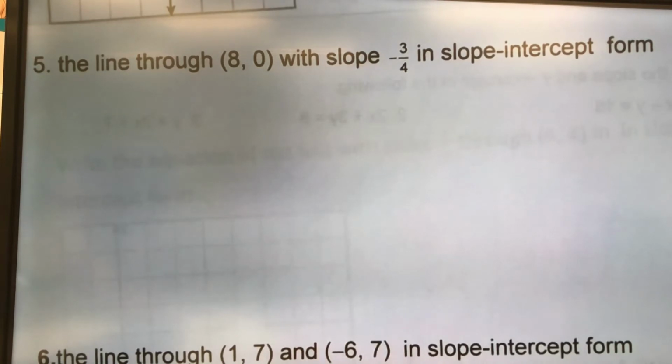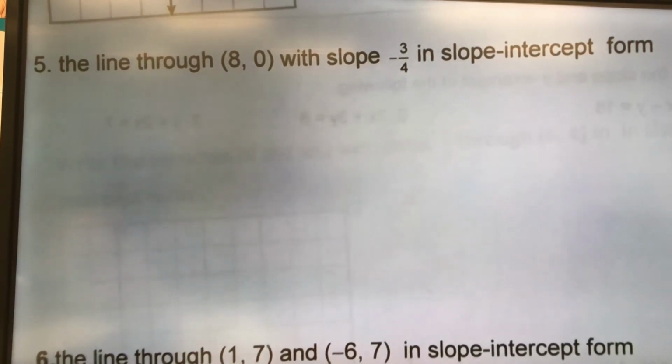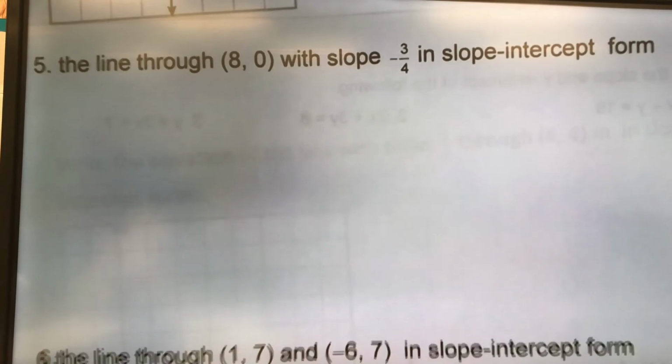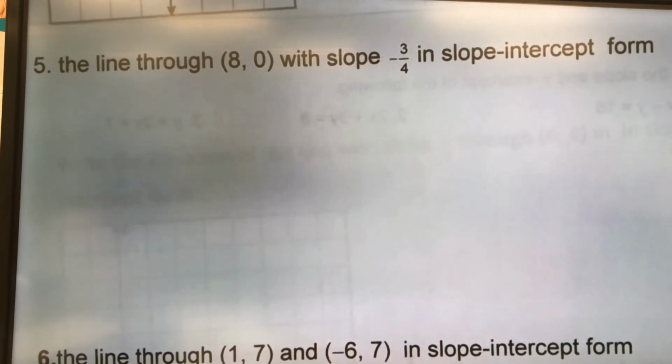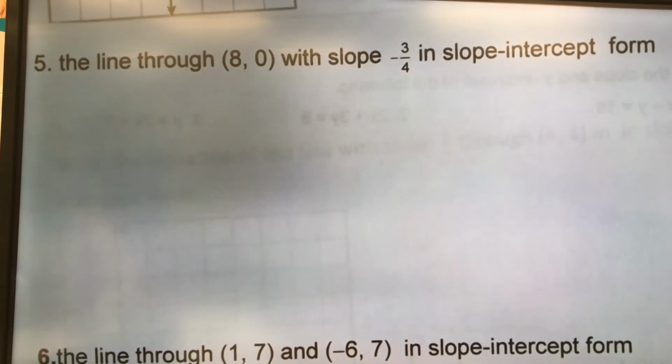Next question is, we have a line that passes through 1, 7 and negative 6, 7 in the slope intercept form. So this is y is equal to mx plus b.